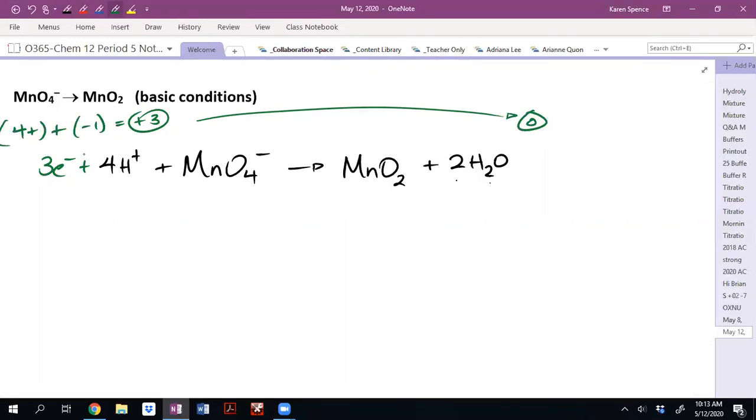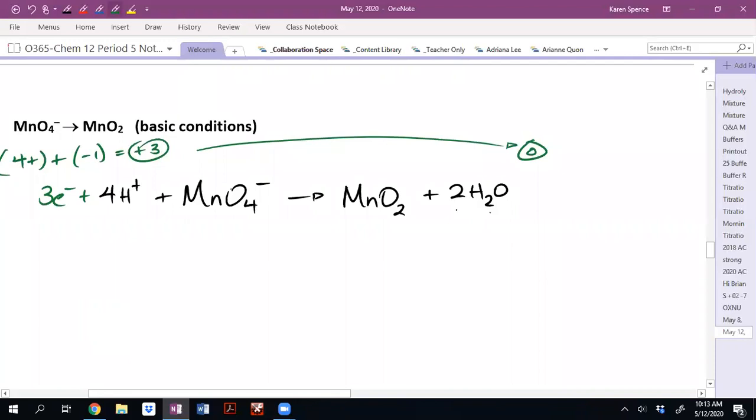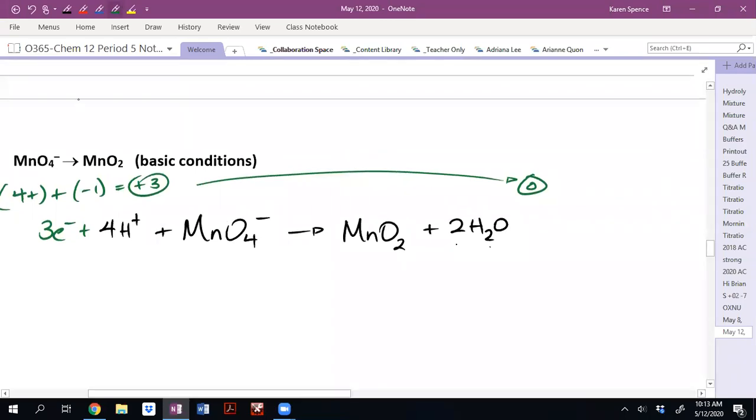And at this point, you guys should be able to tell me, is this an oxidation or a reduction half reaction? It is reduction, yes, because we are gaining electrons. The electrons are going in. And you can actually see on the left-hand side, if we look at our oxidation numbers, MnO4, let me just calculate that up here.